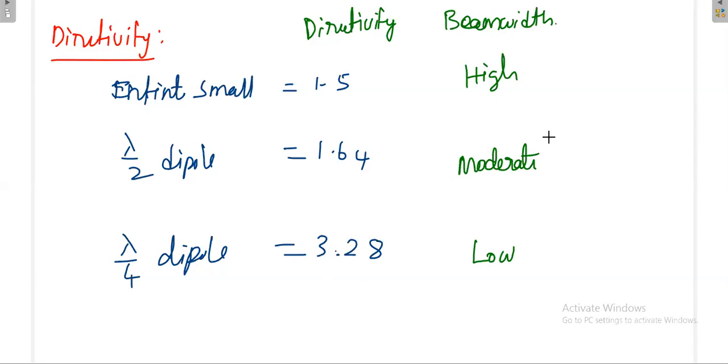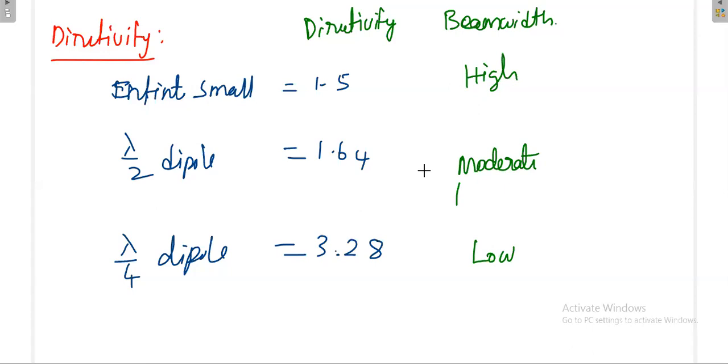You should remember this idea a little. Beam width of these two is low because lambda by 4 is radiating in only one direction, definitely. So the beam width has to be low, that's okay. But why is the beam width of infinitesimal small antenna high compared to lambda by 2 dipole antenna?